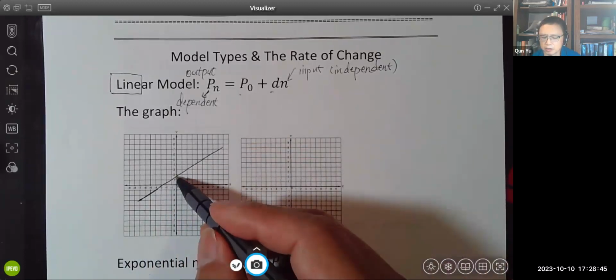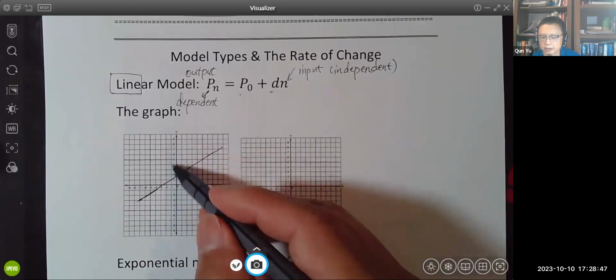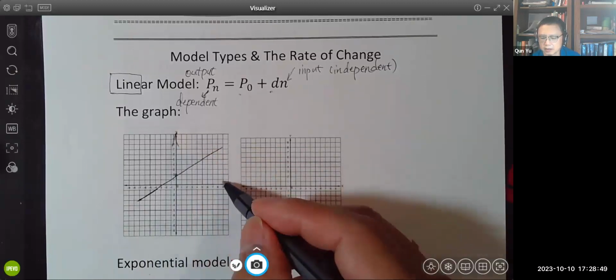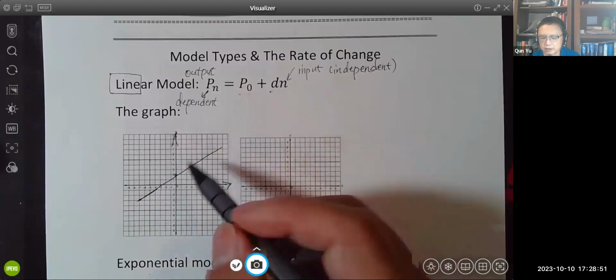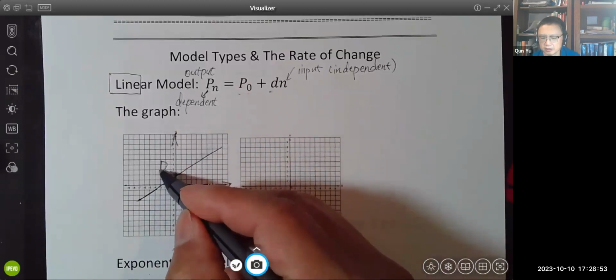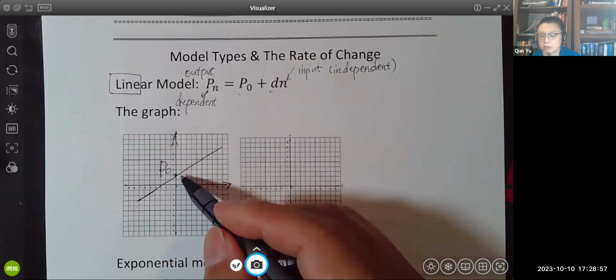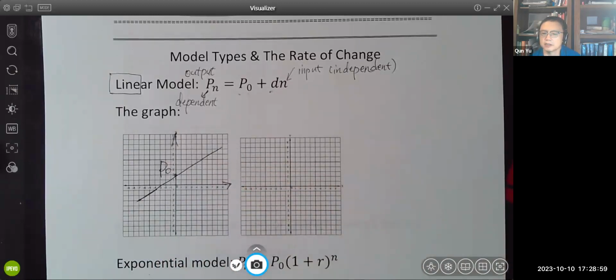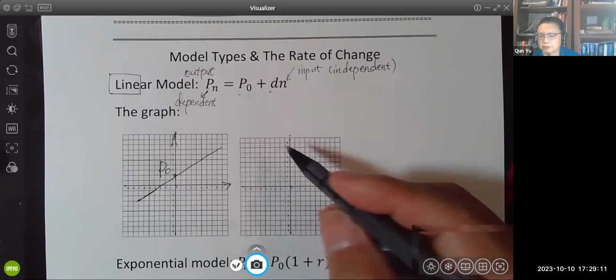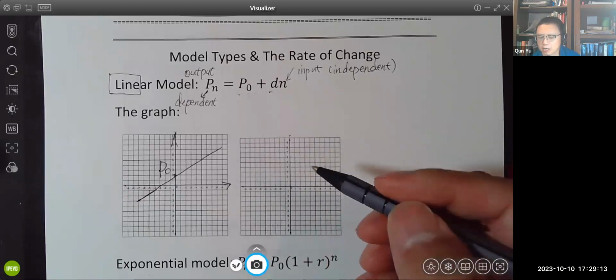And the intersection point on the y-axis, the vertical axis, is the initial value. So that's the initial value here. And the growth rate d is given by the slope of this line. Later in this video, we are going to demonstrate how to calculate the slope of the line, which is the growth rate in the linear model, using two points. But for now, let's focus on the graph.